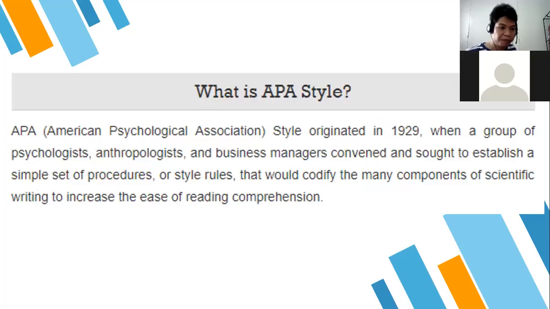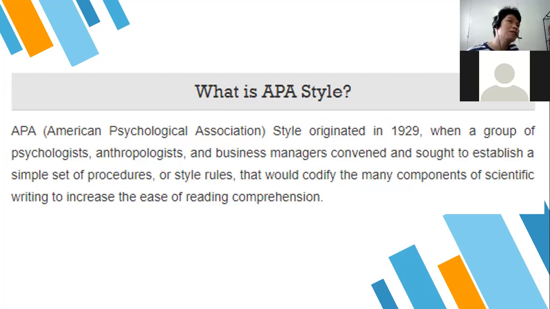First is APA. APA or American Psychological Association style originated in 1929 when a group of psychologists, anthropologists, and business managers convened and sought to establish a simple set of procedures or style rules that would codify the many components of scientific writing to increase the ease of reading comprehension.